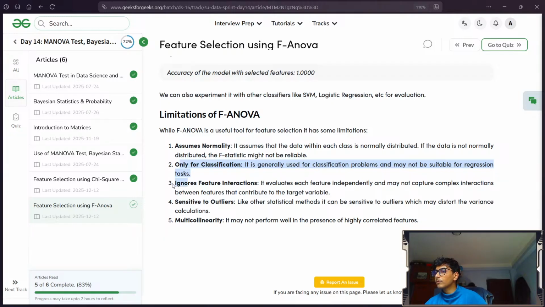It ignores feature interactions: it evaluates each feature independently and may not capture the complex interactions between features that contribute to the target variable. It is sensitive to outliers: like other statistical methods, outliers may distort the variance calculation. Multicollinearity: it may not perform well in the presence of highly correlated features.